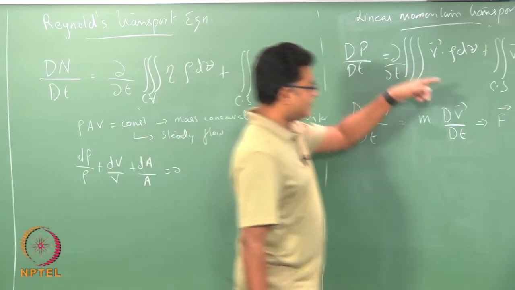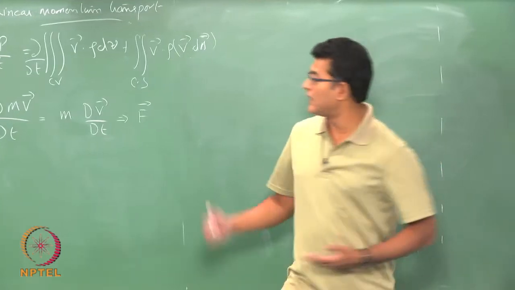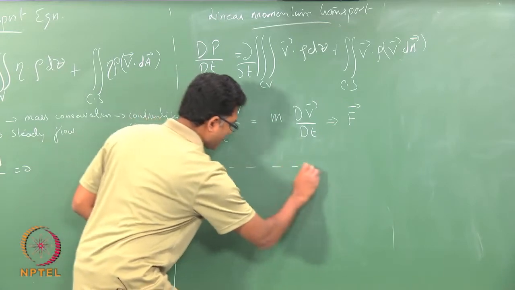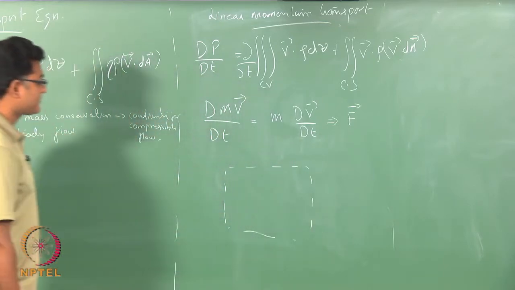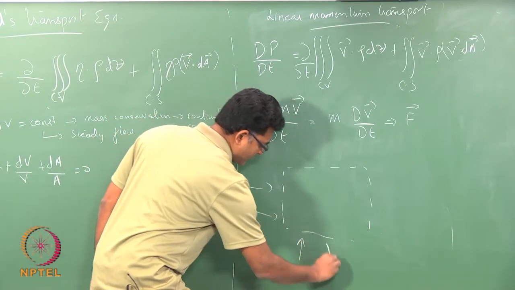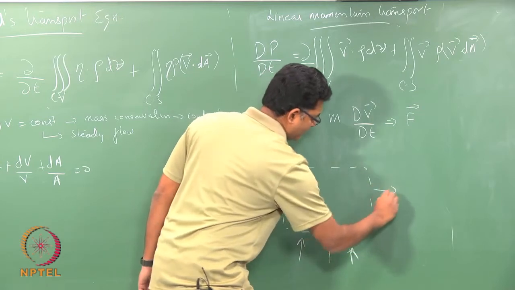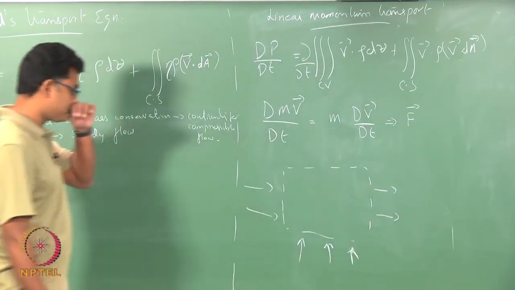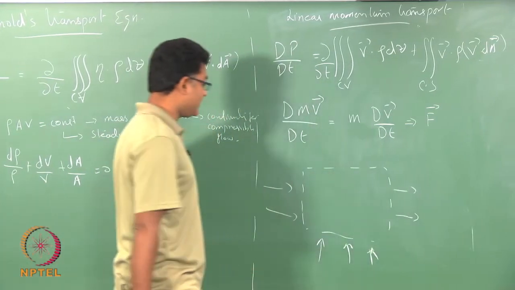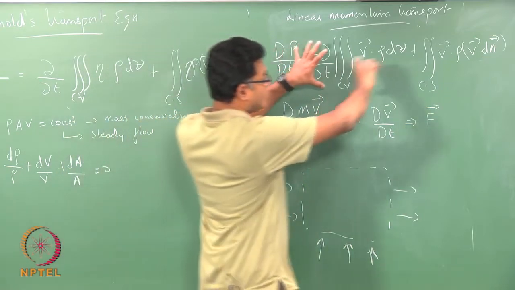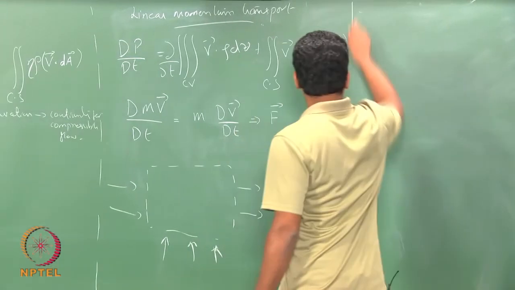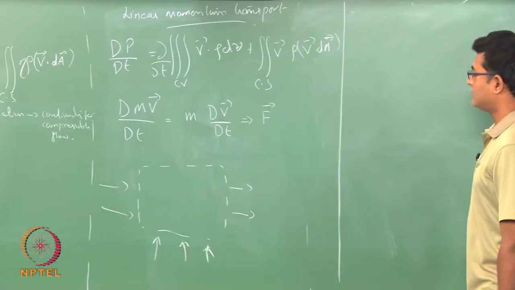So, what you are trying to find here is the force balance essentially. So, if I have an arbitrarily shaped control volume, there are forces acting on the control surface and forces by the surroundings. You are trying to find how the sum of those forces is balanced by this particular quantity which we had derived.